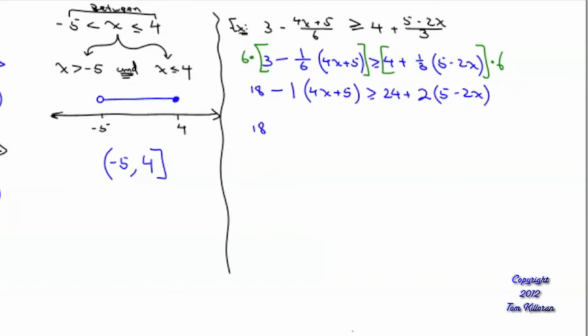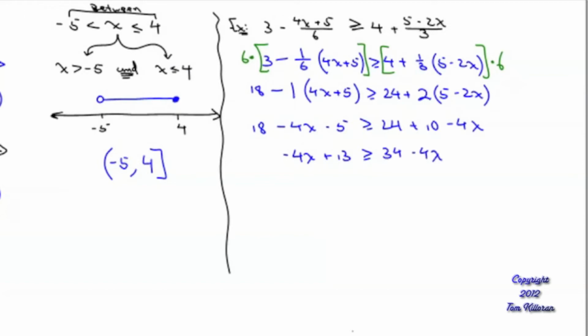So this becomes 18 minus 4x minus 5 is greater than or equal to 24 plus 10 minus 4x. Be very, very careful of your signs, especially when distributing a negative number. All right, next step. So this is negative 4x plus 13 is greater than or equal to 34 minus 4x.